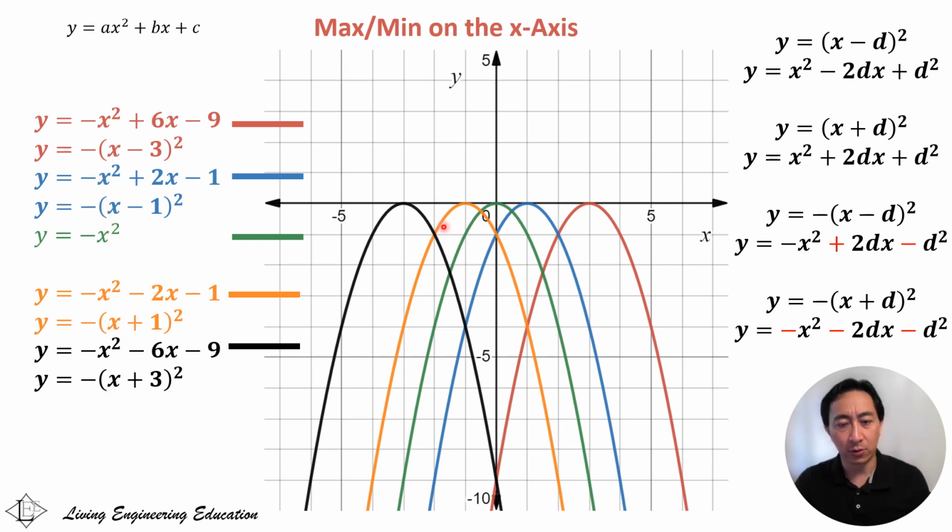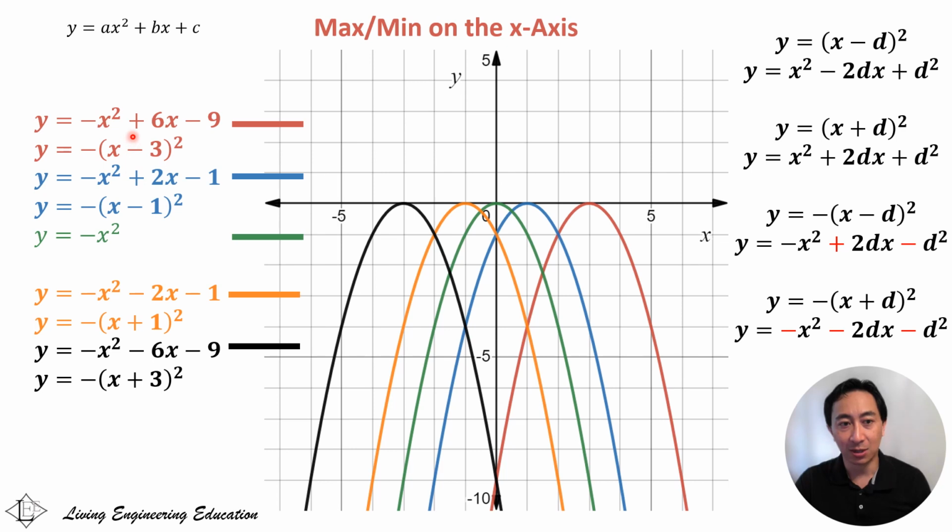So if you see a graph where the maximum or minimum is falling on the x-axis, you identify what that is, and you can write it in one of these x plus or x minus d squared forms. And if it's a maximum, as we're showing here, just put a negative in front of it.